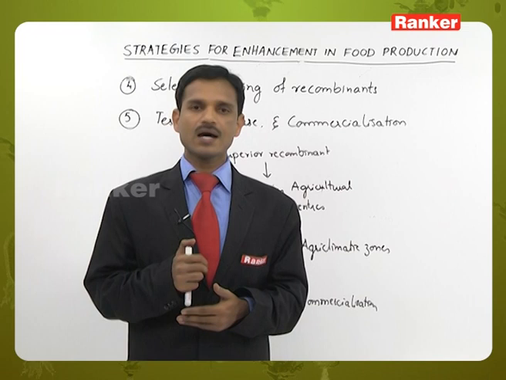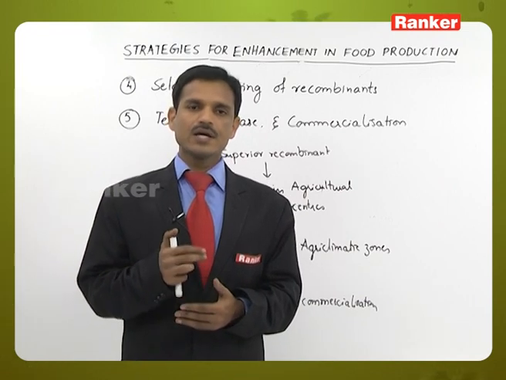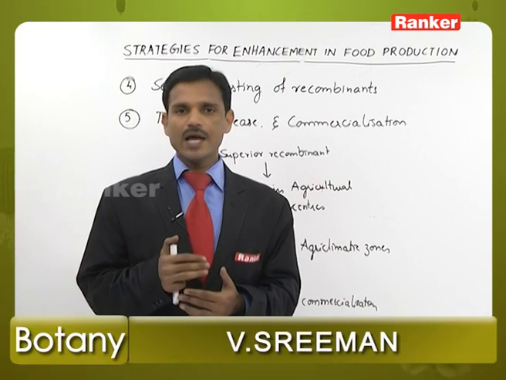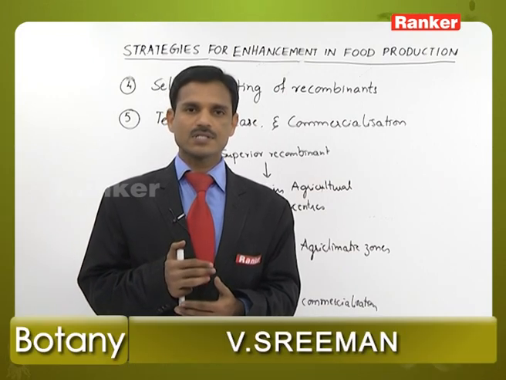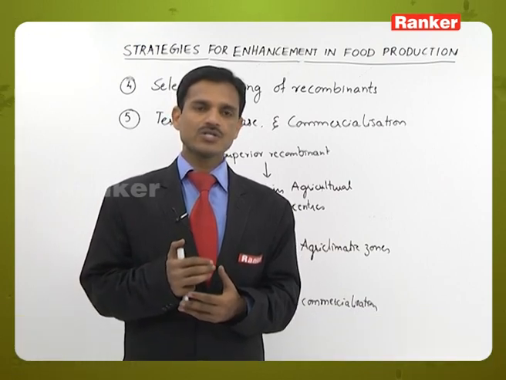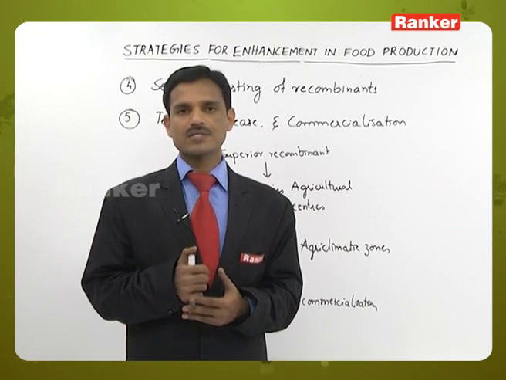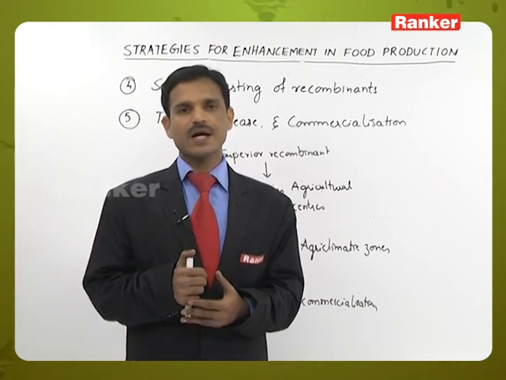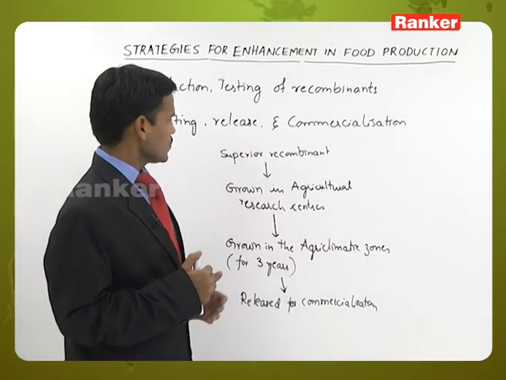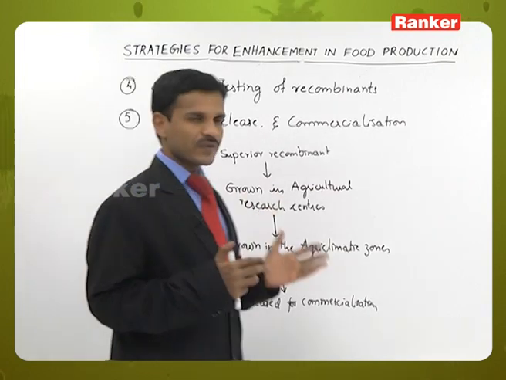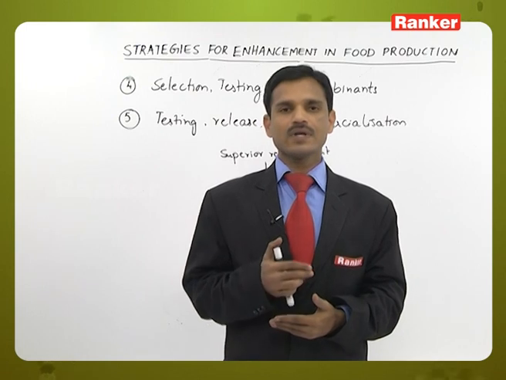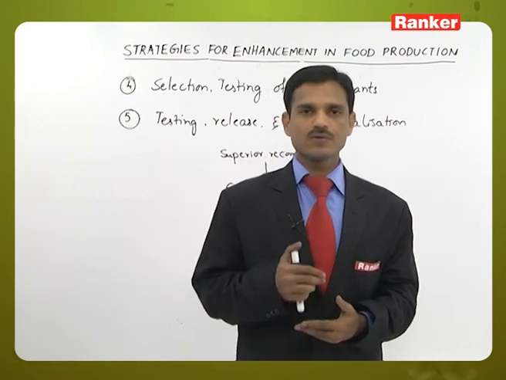The third step is cross hybridization among the selected parents, which is a very time-consuming and tedious process. The fourth step is selection and evaluation of superior recombinants, which is also a very crucial step. The fifth step is testing and releasing of superior recombinants, which are then released for commercialization. So that is plant breeding.